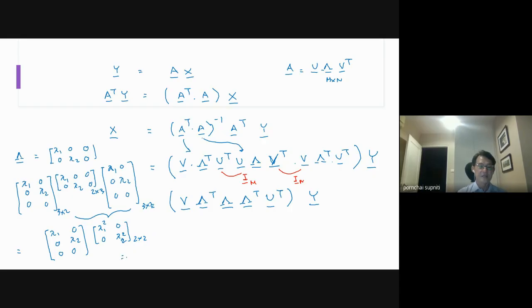Okay, so you get, this is 3 by 2, 3 by 2. So you get lambda 1 cubed, and then 0, and then 0 and lambda 2 cubed, and then 0, 0.